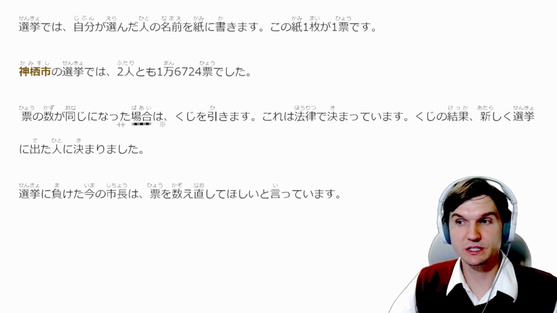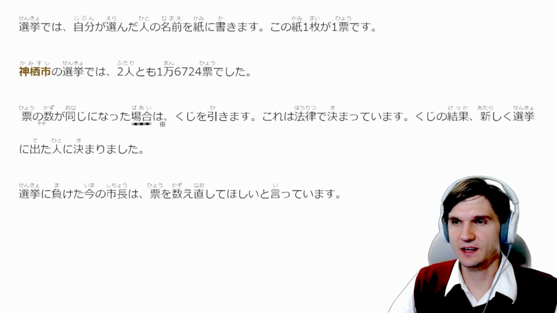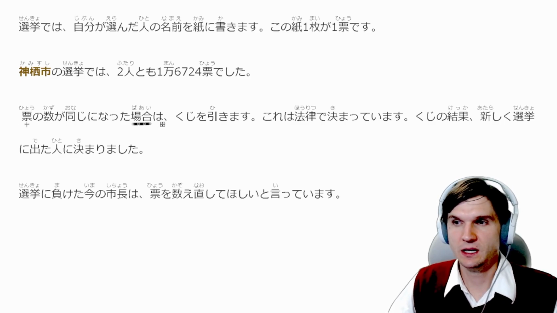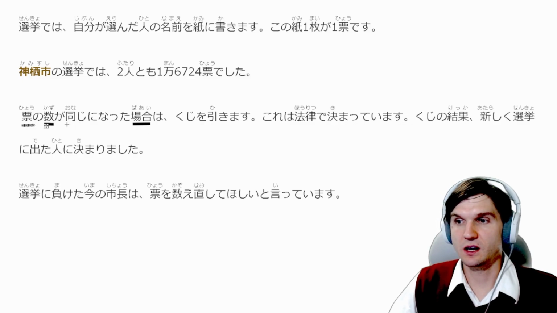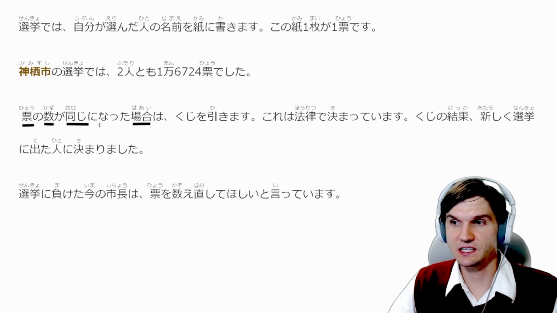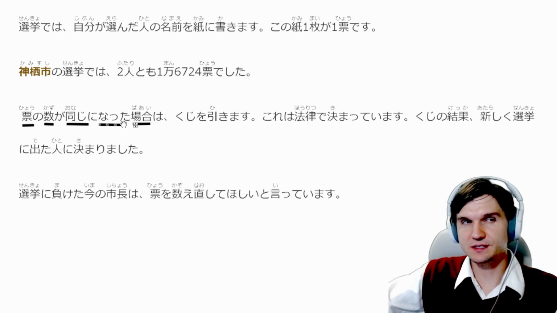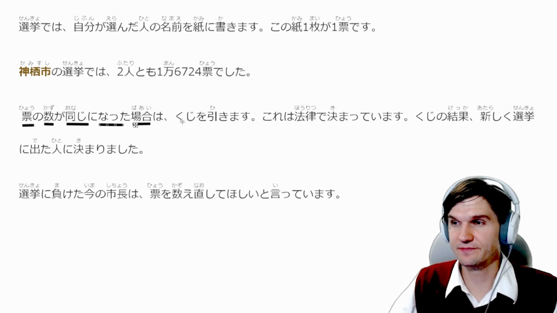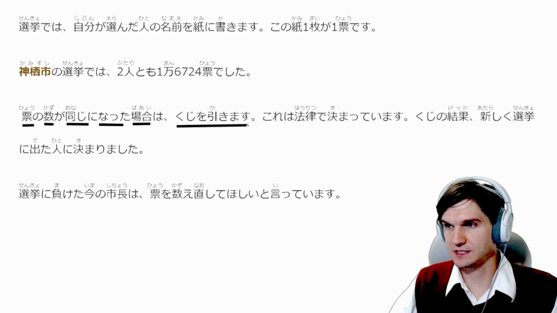We have the verb なる, when this thing becomes, and this is the same phrase we have in our title, 票の数が同じ. So the number of votes are the same, and this なる means they end up being the same, they become the same. So when these votes become the same, くじを引きます.